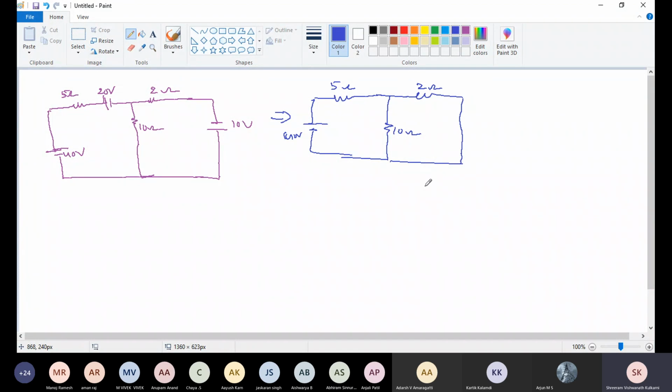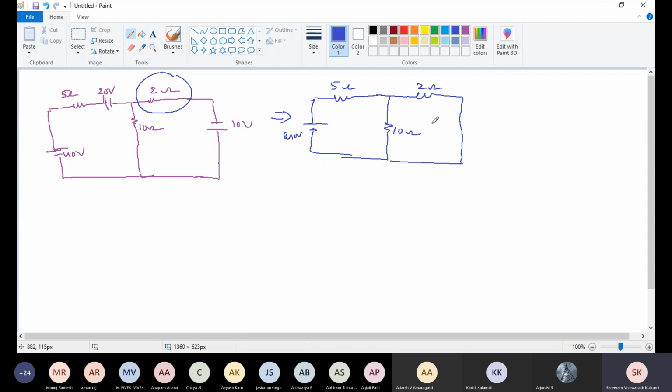Now the question is to find the current through the 2 ohm resistor. We need to find the current through this 2 ohm resistor.